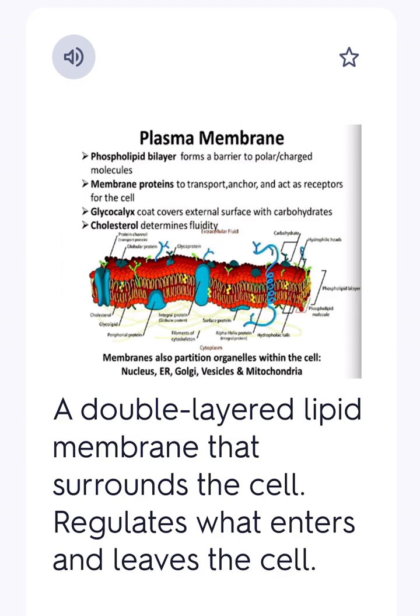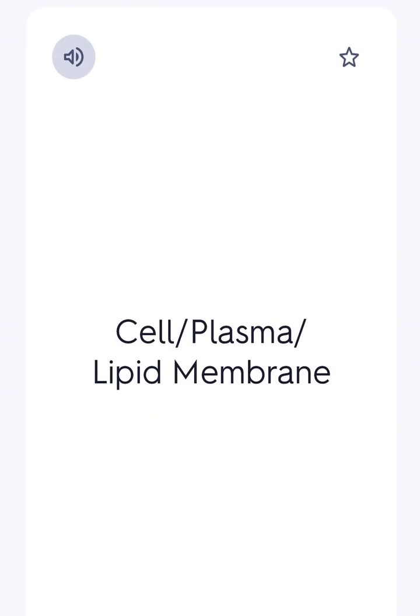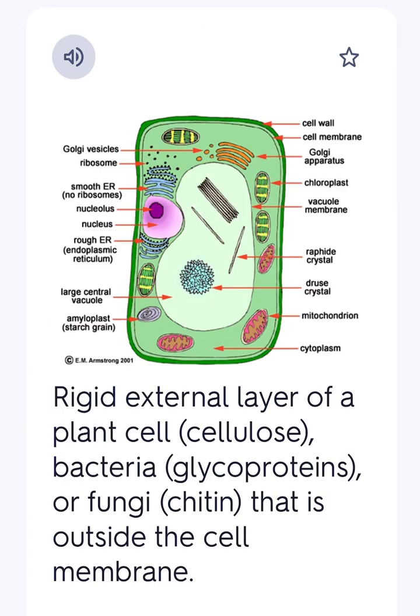A double-layered lipid membrane that surrounds the cell. Regulates what enters and leaves the cell. Cell/plasma/lipid membrane. Rigid external layer of a plant cell, bacteria, or fungi that is outside the cell membrane. Cell wall.